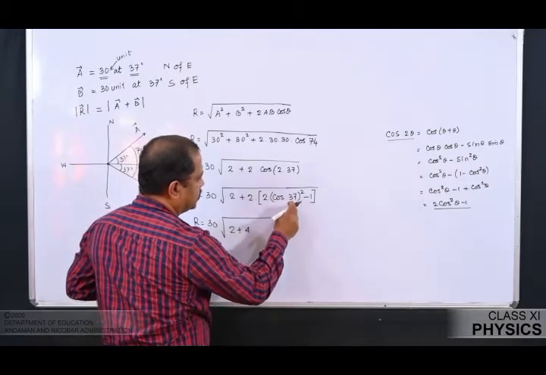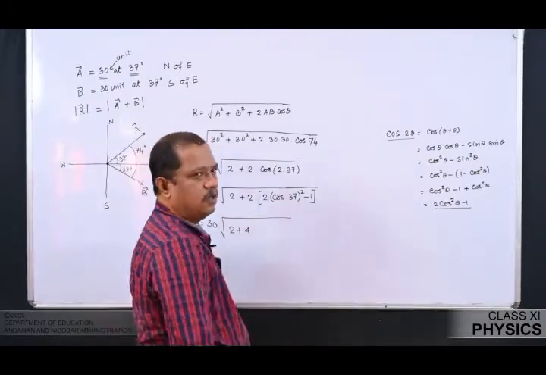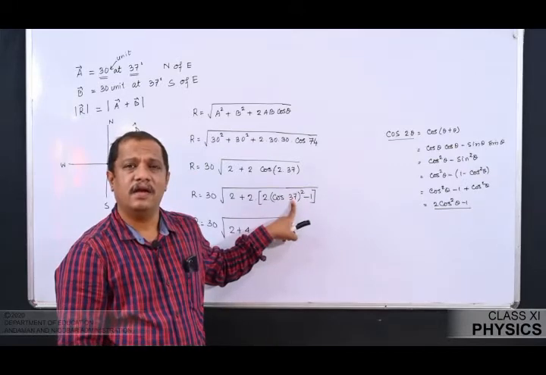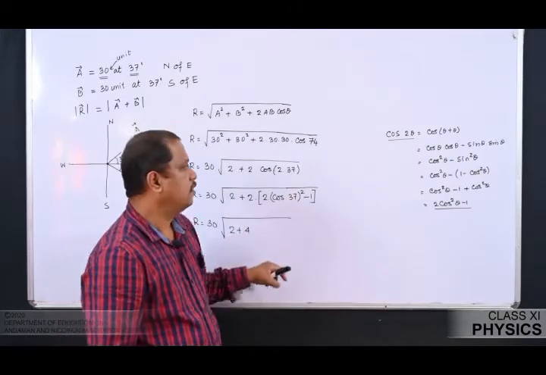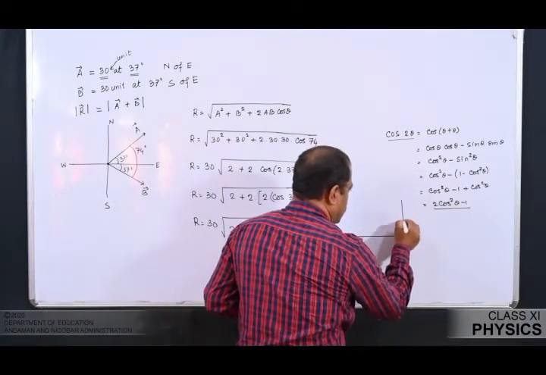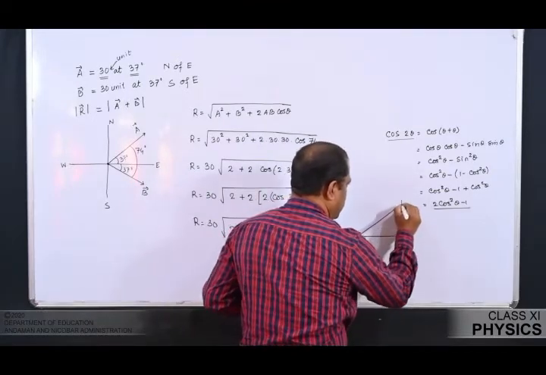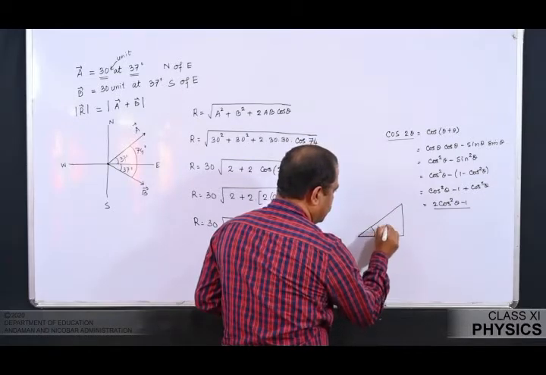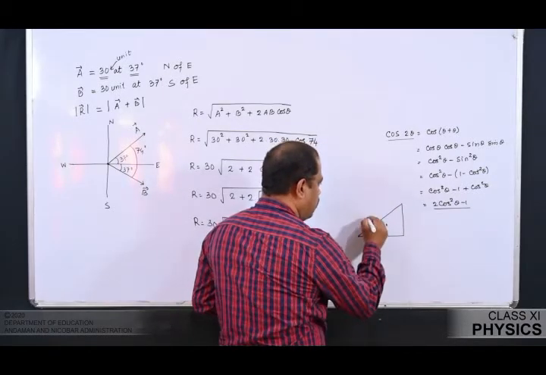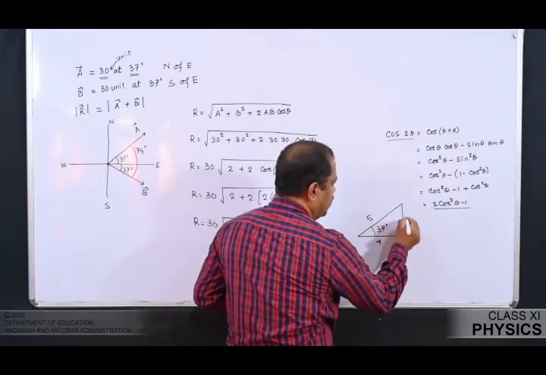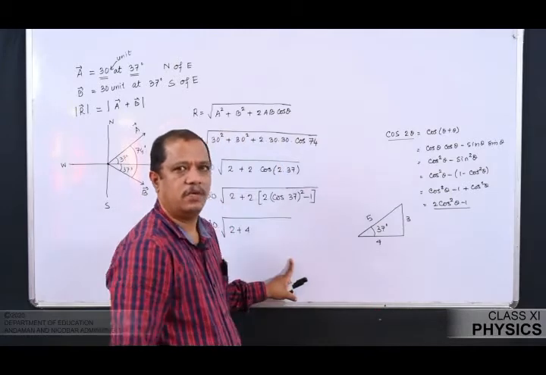When I write cos 37, two angles are very important. One is 37 degree and another one is 53 degree. So the standard values we have like this. When I say 37 degree, this right angle triangle makes hypotenuse 5, base 4 and this is 3, which we need to remember.